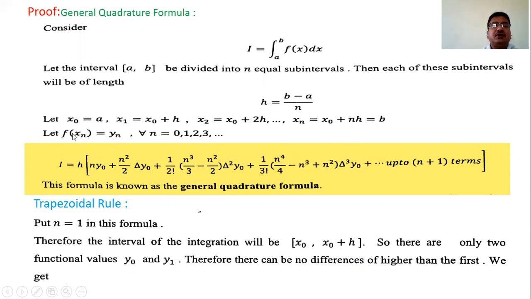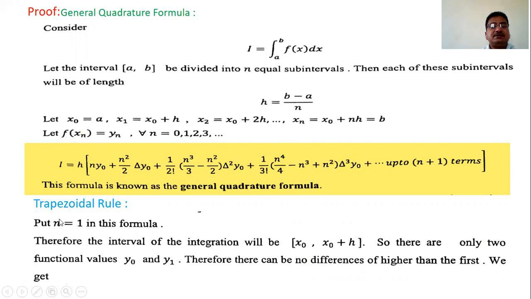Then these are the values of the function at x0, x1, x2, xn, and then the general quadrature formula is I is equal to h [n y naught plus n square by 2 delta y naught plus 1 by 2 factorial (n cube by 3 minus n square by 2) delta square y naught, and so on]. So this is the general quadrature formula.